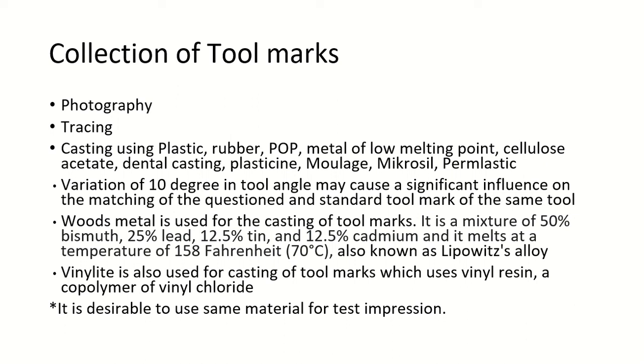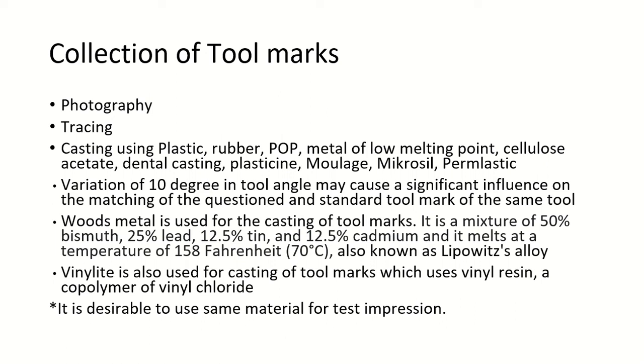Wood's metal is used for casting of tool marks. Wood's metal is a mixture of 50% bismuth, 25% lead, 12.5% tin and 12.5% cadmium, and it melts at a temperature of 158 Fahrenheit or 70 degrees Celsius. Wood's metal is also known as Lipowitz alloy.